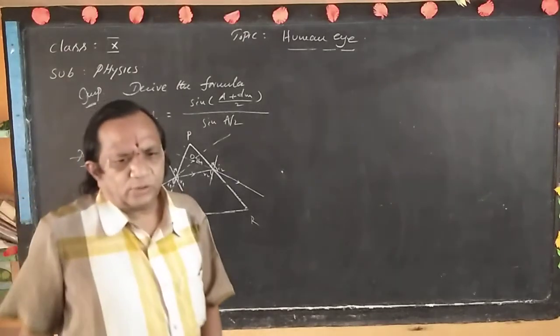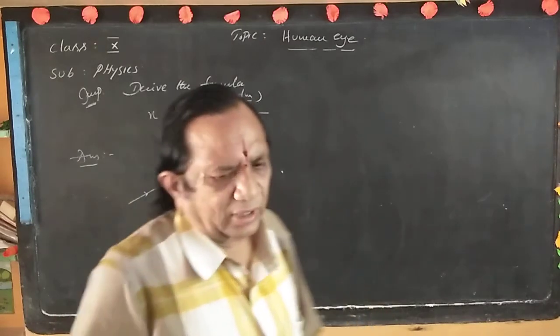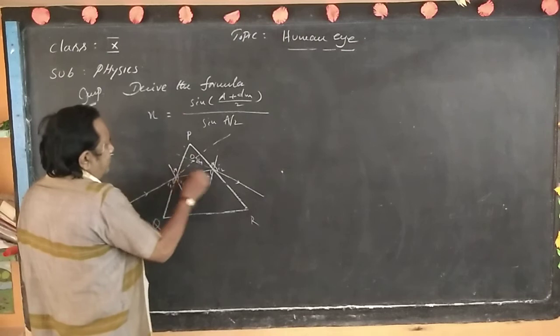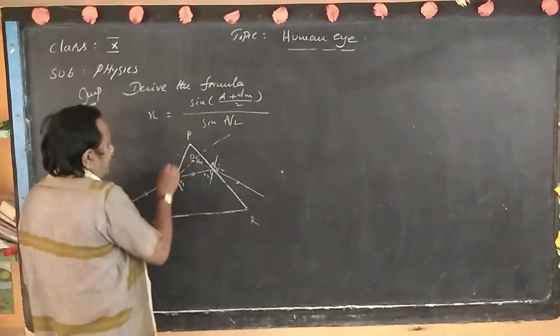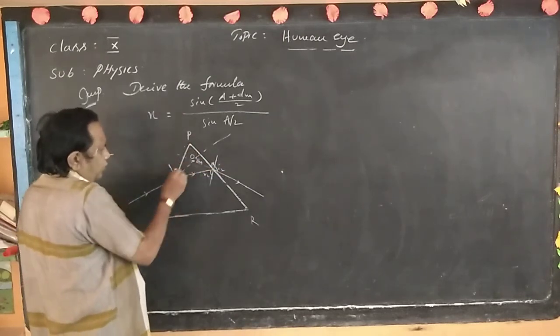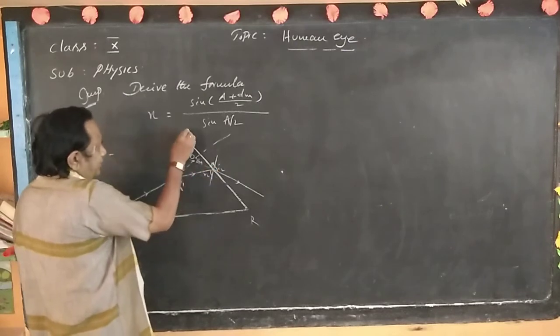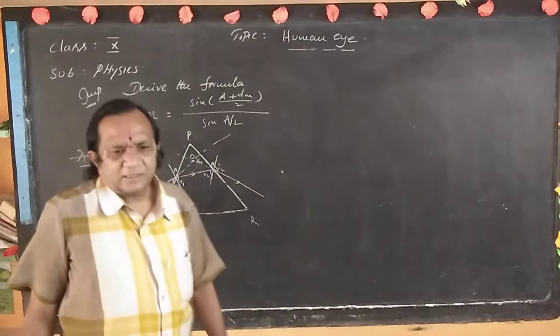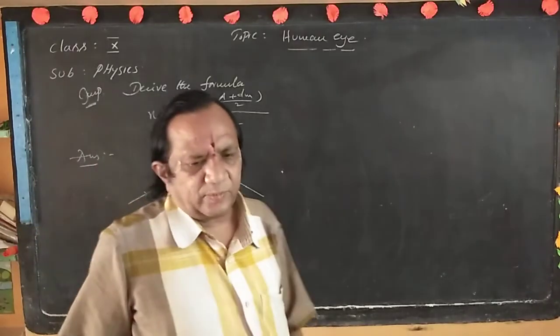So how to use it here: two triangles are to be considered, triangle OMN and triangle PMN. First of all we consider triangle OMN.